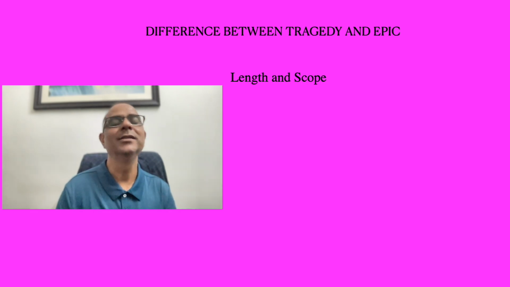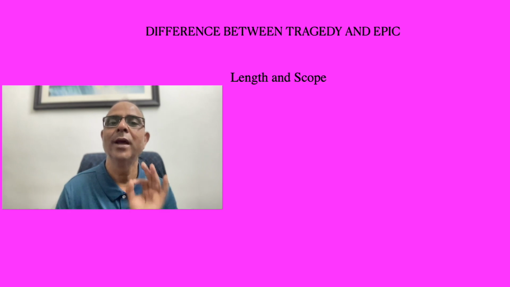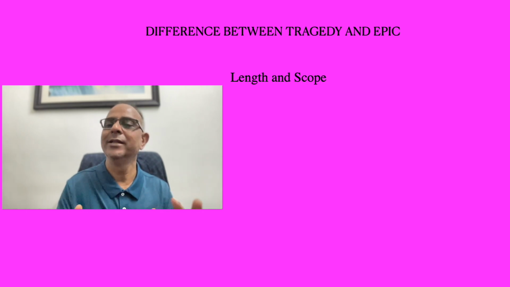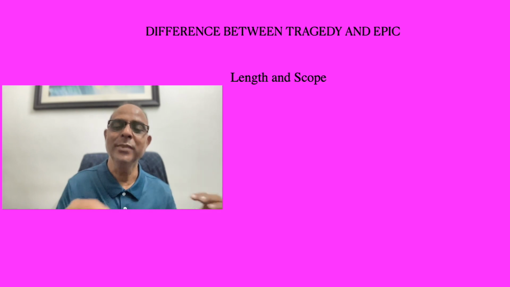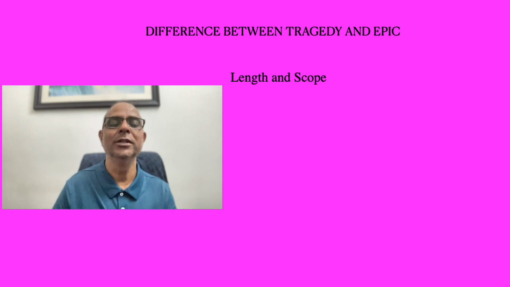Tragedy is more condensed. It focuses on a single unified action or a small number of closely related incidents. There can be subplots, but those subplots must be inextricably connected to the main plot. So there is limitation as far as tragedy is concerned.